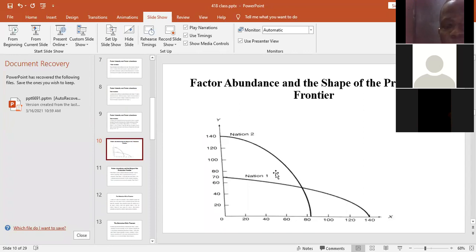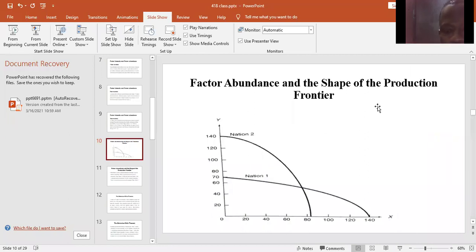Nation one can produce 140 commodity of Y, and produces 80 commodity of X. The same thing goes for nation two. Nation two can as well, using all the existing capacity, produce 140 of commodity X, and at the same time produce 70 commodity of Y. That is when there is no trade, when the two countries are not into any form of trade.